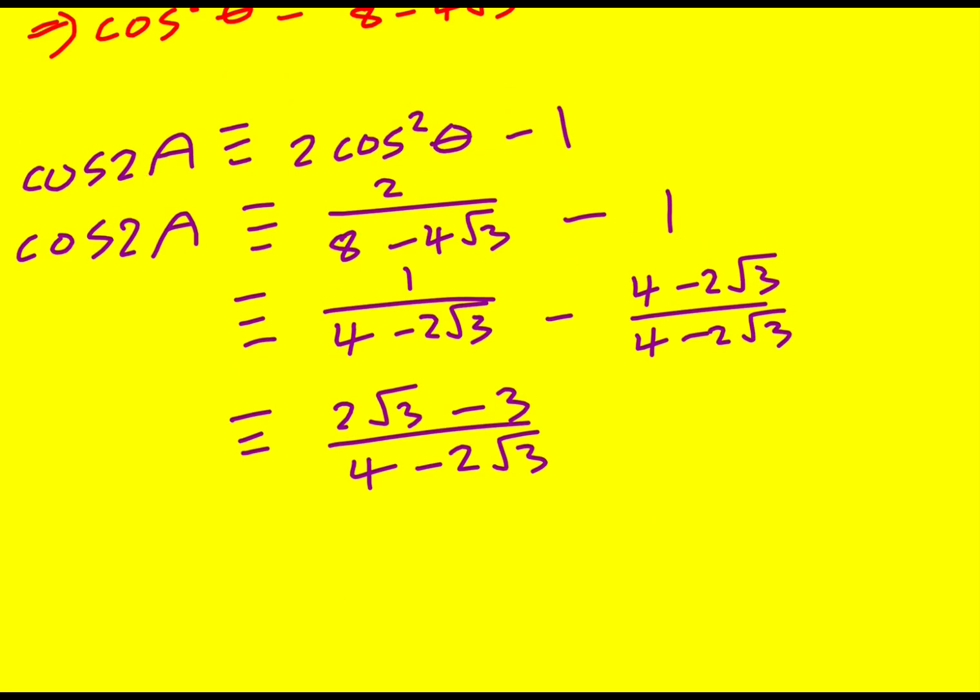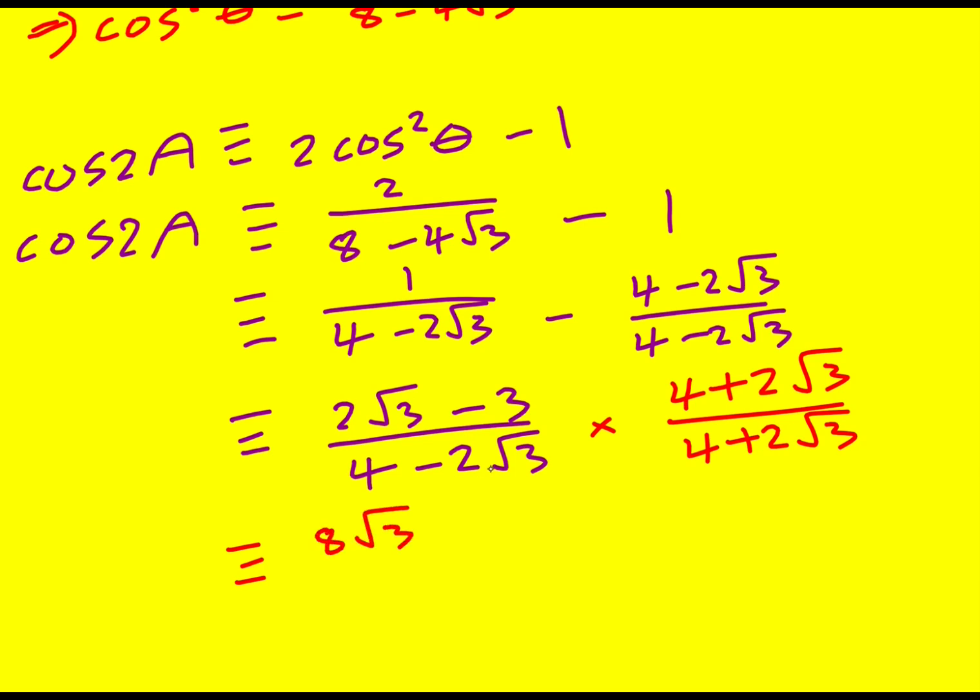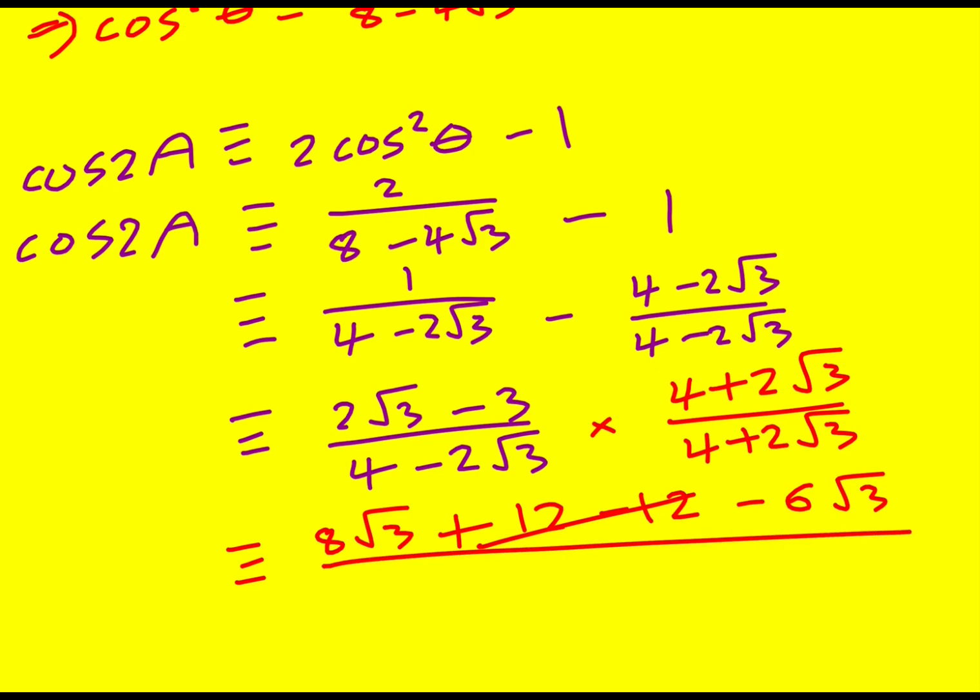Let's just see. Remember, we're expecting things to simplify because we know this is a non-calculator question. So I can rationalize the denominator by multiplying by 4 plus 2 root 3. Which will give me 8 root 3 plus 4 times 3, 12, minus 12. Well, that is good news. Minus 6 root 3. So suddenly things are looking up.